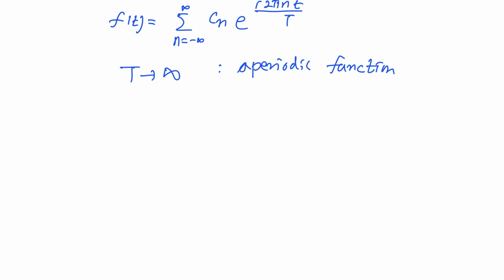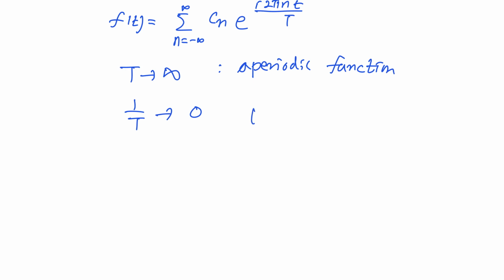Normal functions, you can regard as repeating themselves with infinite period. So we can take a look at ordinary functions from this point of view of the infinite period. Then 1 over T goes to 0, definitely.